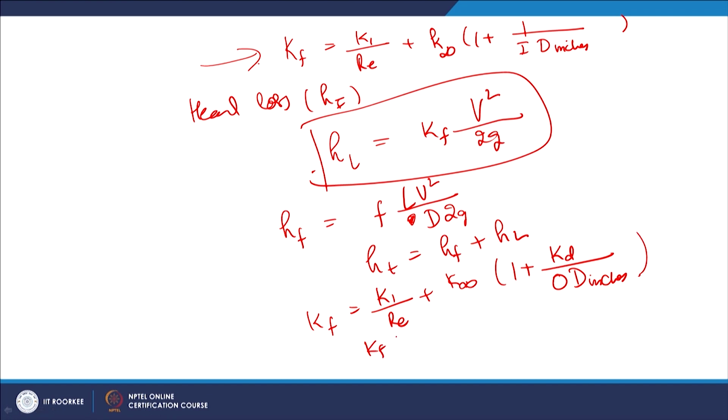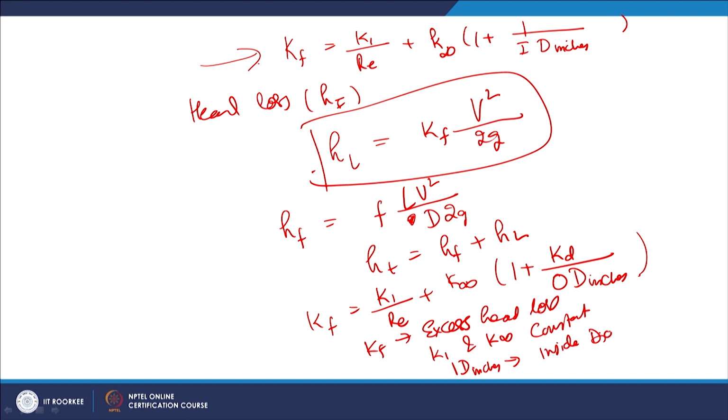Here Kf is the excess head loss, K1, Ki and K infinity are constants, ID is the inside diameter in inches, OD is the outside diameter in inches.